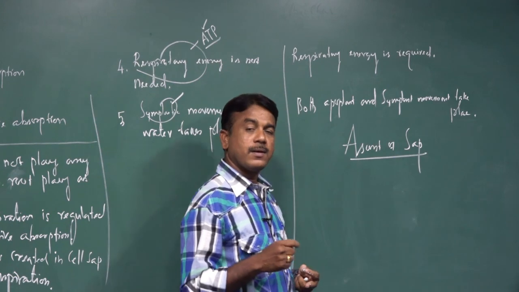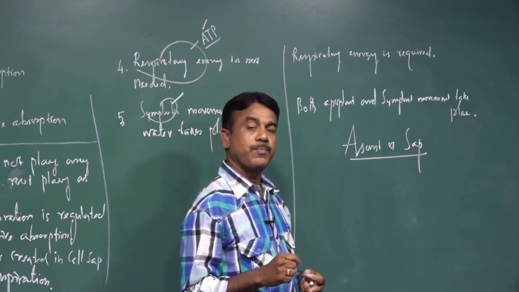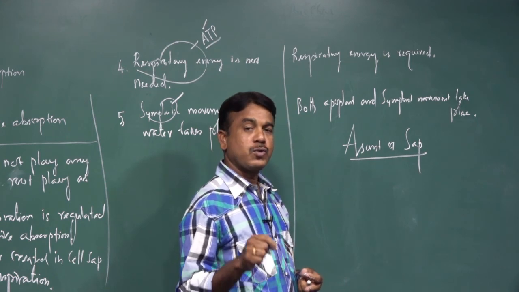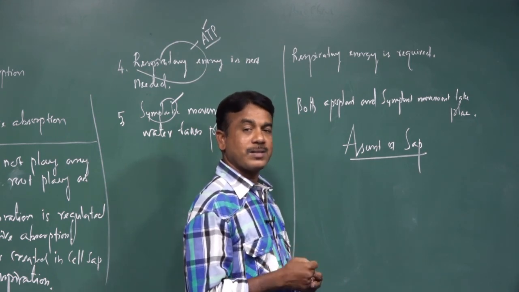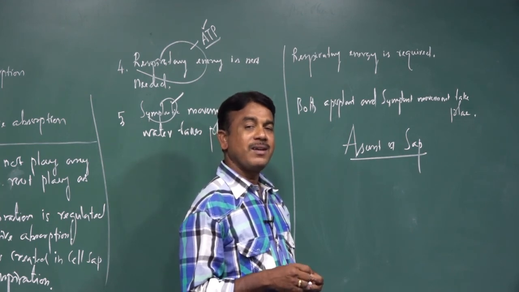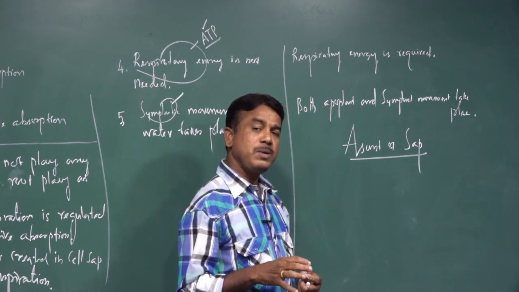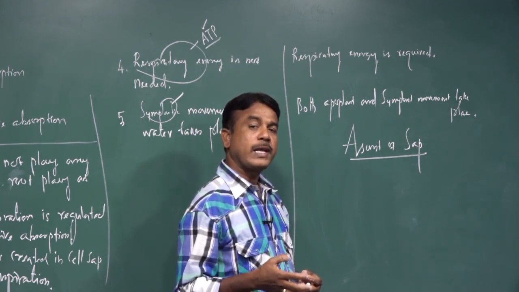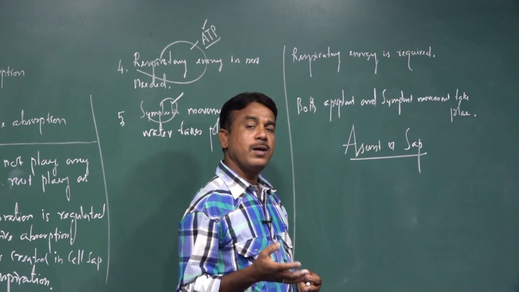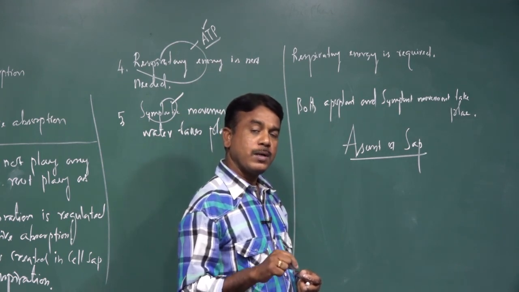How that water and mineral salt reach the xylem, that process is called ascent of sap. It must be clearly learned how the mechanism operates to transport water and mineral salt from soil to the xylem.